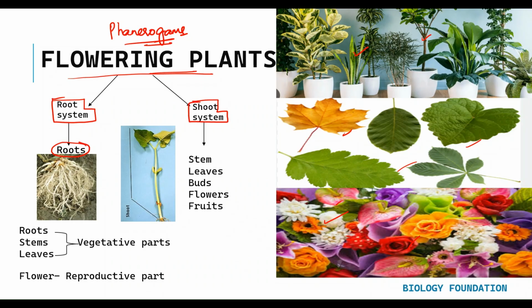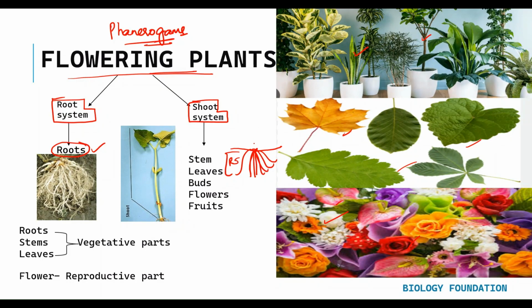And what does the root system contain in it? Roots. Okay, shoot system consists of all the parts of the plant which are present above the soil. Now, for example, if you consider, let's assume this is soil and you have the roots completely present below the soil, right? They grow downwards. That is gravitropism. They grow into the soil, and this forms the root system.